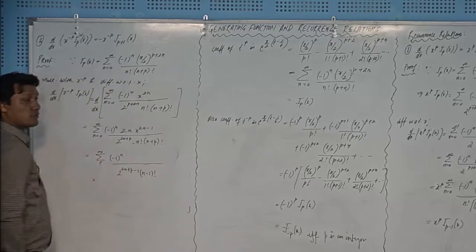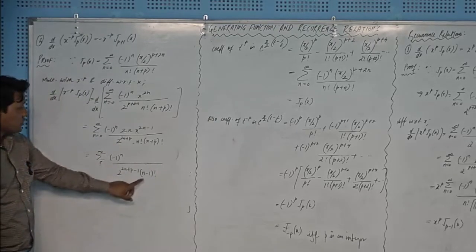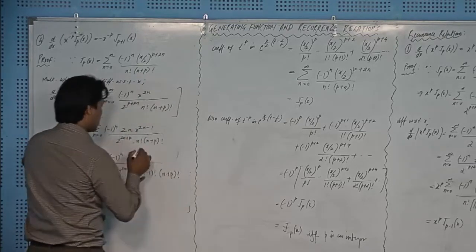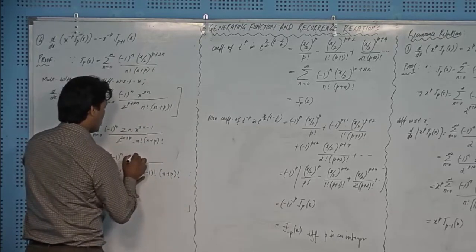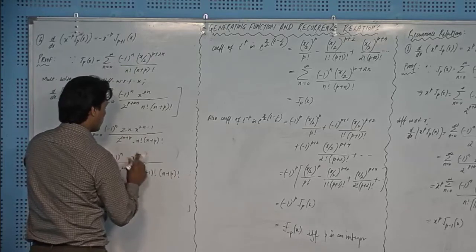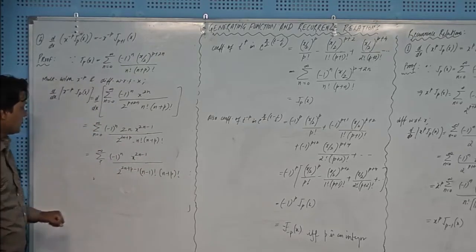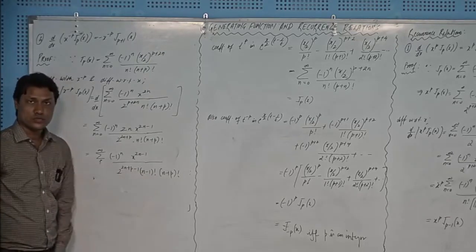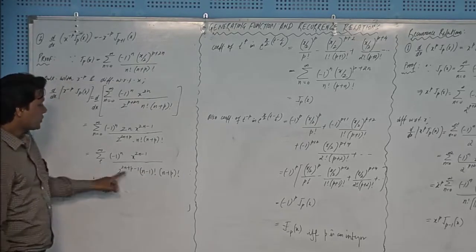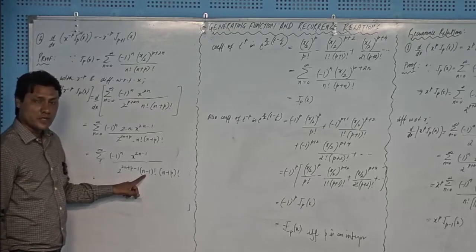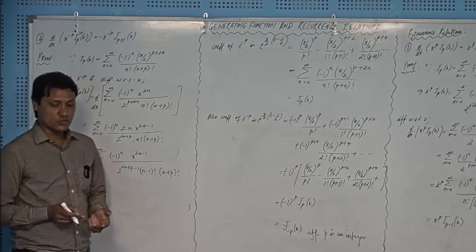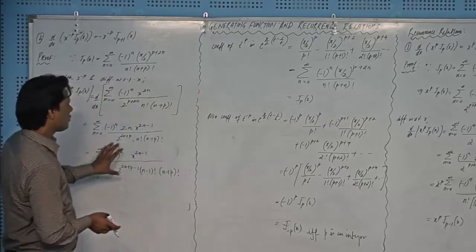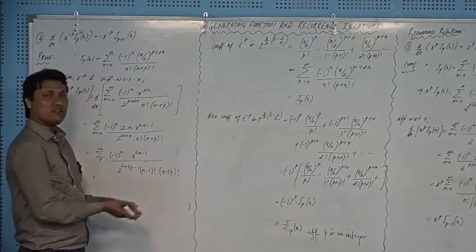Now you have n minus 1 factorial, right? First I will complete it, and here you will have x to the power 2n minus 1. Since you have n minus 1 factorial and not n factorial, you cannot start with 0, because if you put 0 here, it will become minus 1 factorial, which is infinity, so it has no meaning, or you can say 1 upon infinity will go to 0.